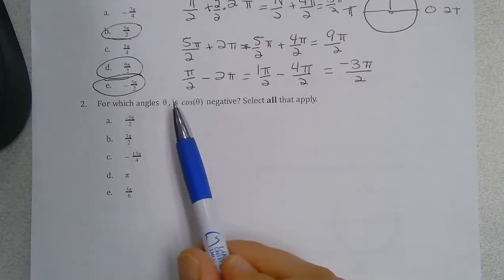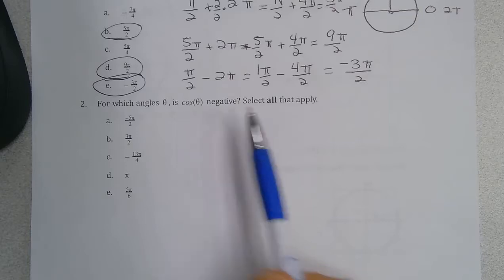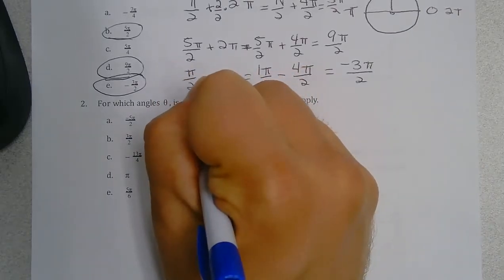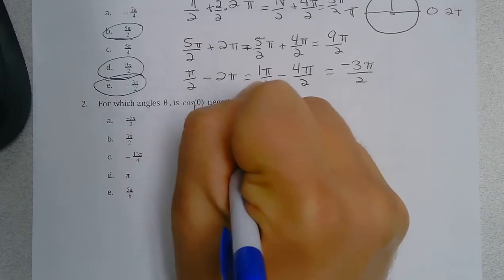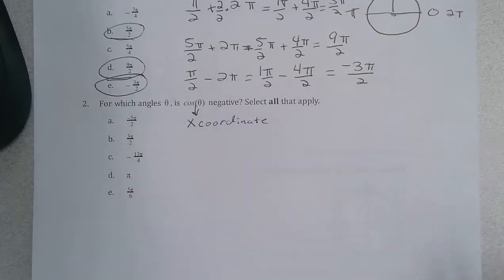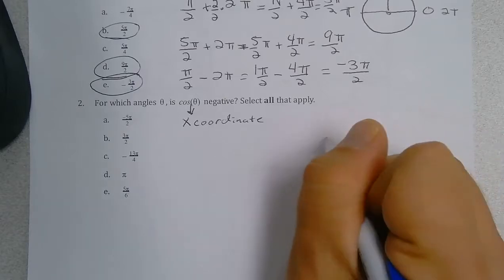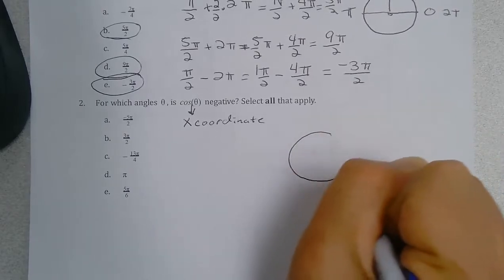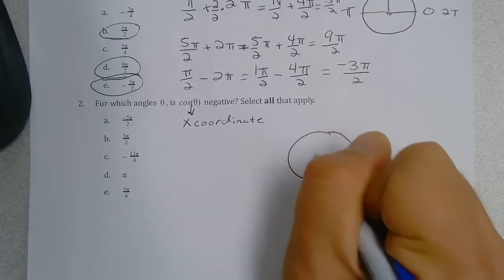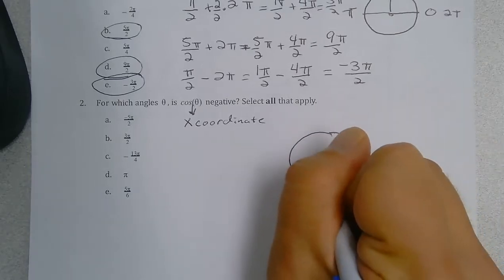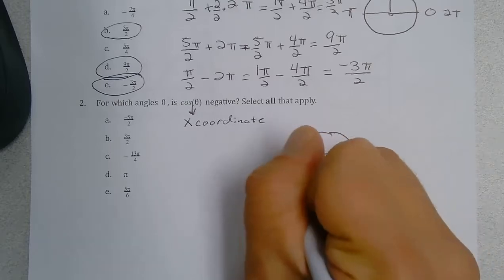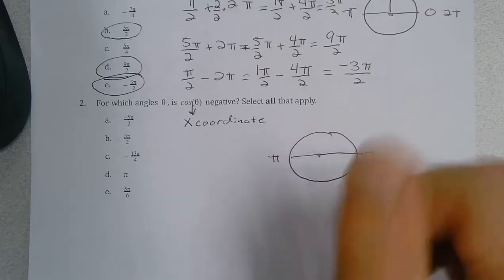Now here, for what angles is the cosine of theta negative? Remember, the cosine does your x-coordinate. So on my unit circle, remember this is 0, and then this is pi.